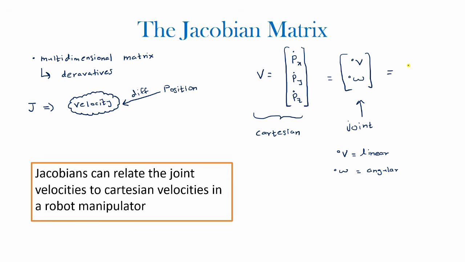And this would actually be equal to the Jacobian times whatever variables are there in the system. I'm taking θ1 and θ2 for example, the derivatives of that. So the Jacobian can be used to relate the joint velocities to the Cartesian velocities.